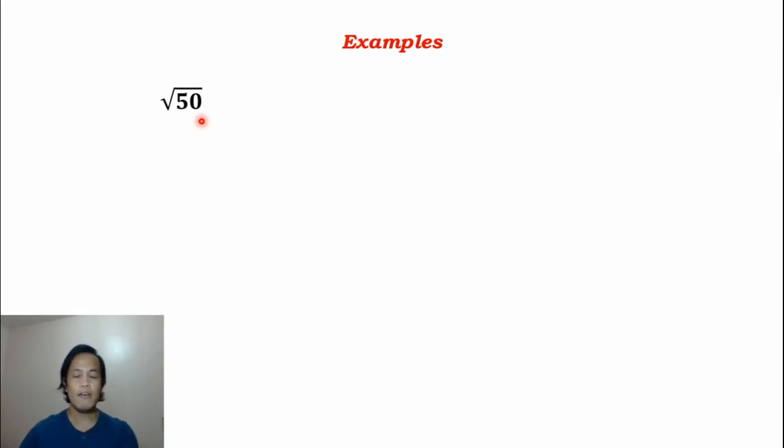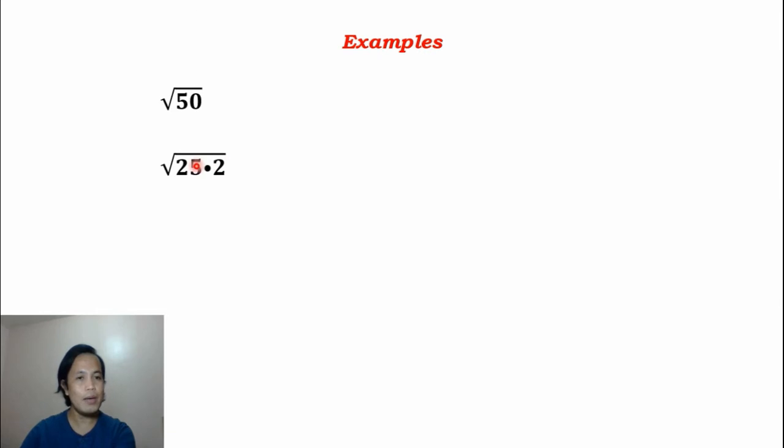So 50 can be written as 25 times 2. Why? Because 25 is a perfect square, and multiplying that with 2 gives us 50. So we did not change the value of the radicand. We just factor out the radicand in such a way that one of the factors is a perfect square. In this case, we have 25 times 2.